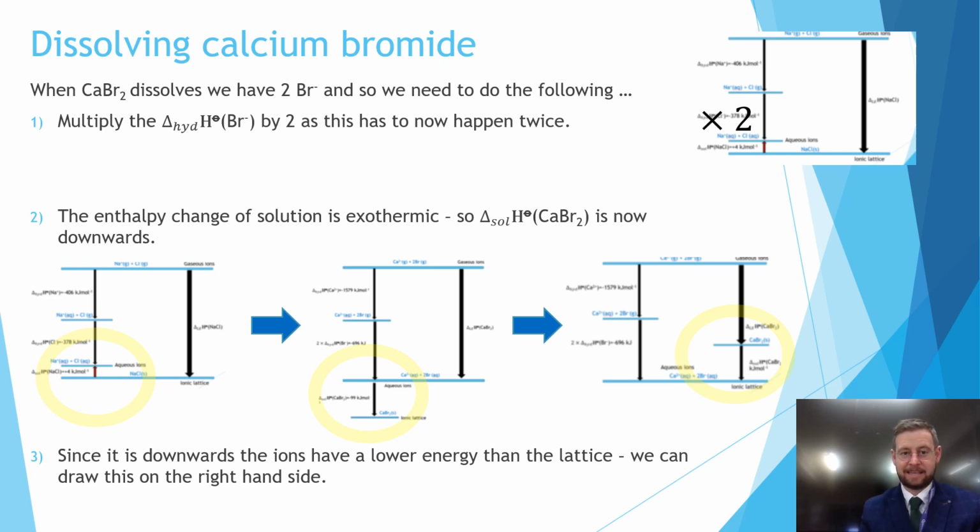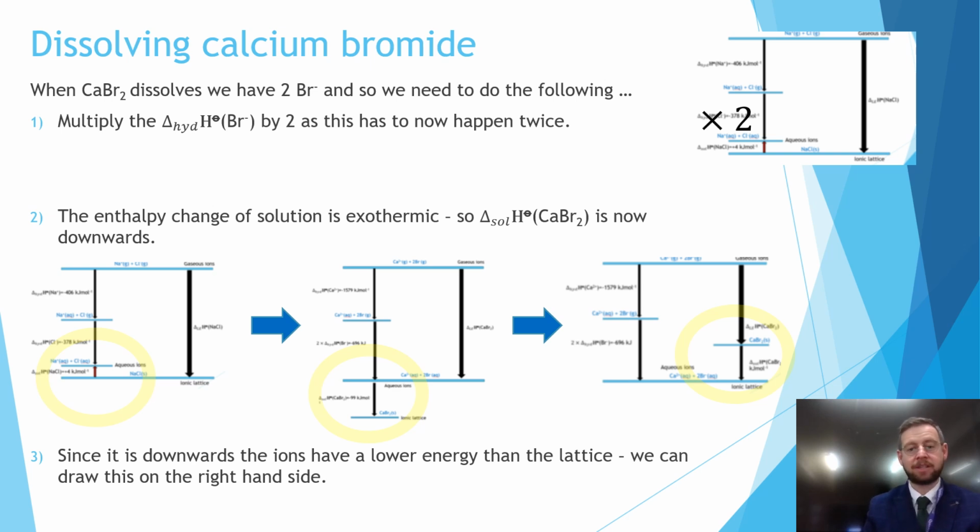In this case, this particular reaction is exothermic. So how do we draw it exothermic? We don't draw it going the other way because that would change things. We would have to draw the arrow, rather than going up from the ionic lattice at the bottom, coming down from it to lower than it. But of course that would disrupt our entire diagram.